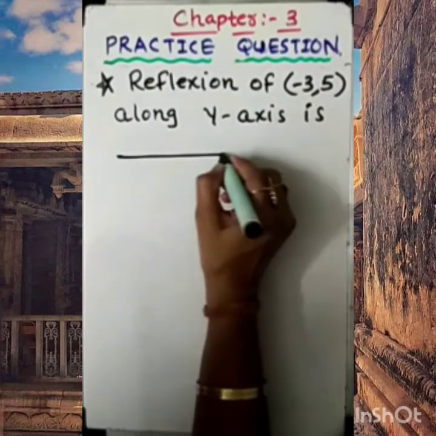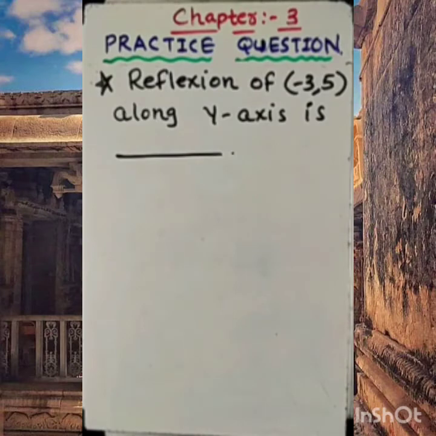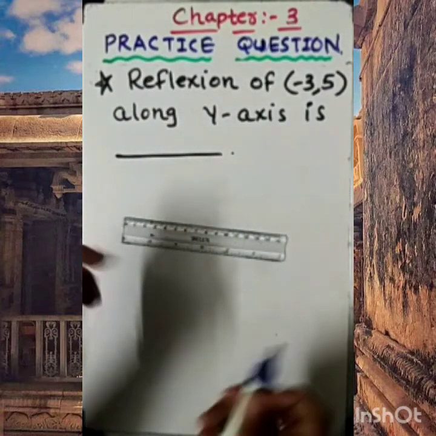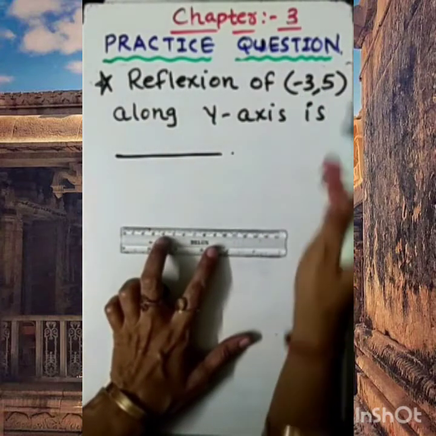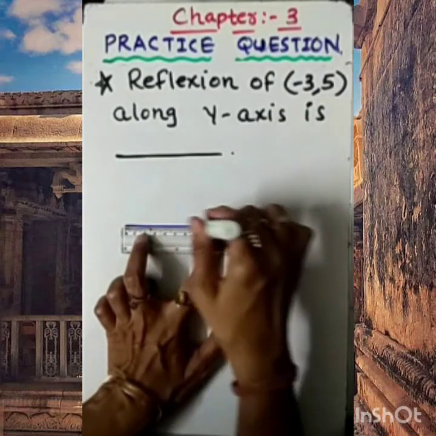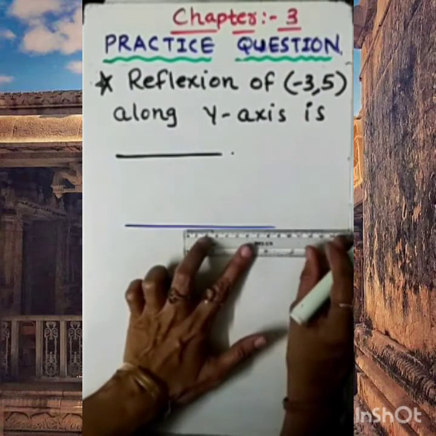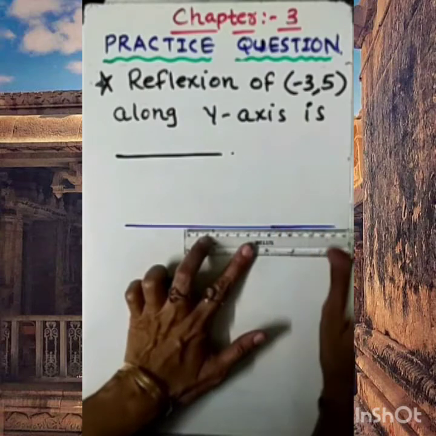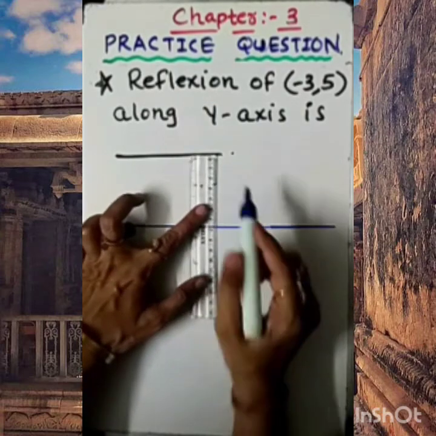Reflection of minus 3 comma 5 along y-axis. Then how to go with that? Very simple. As I shown you, first to decide minus 3 comma 5 lie on which quadrant? Minus 3 comma 5, minus plus, of course it will lie in second quadrant.